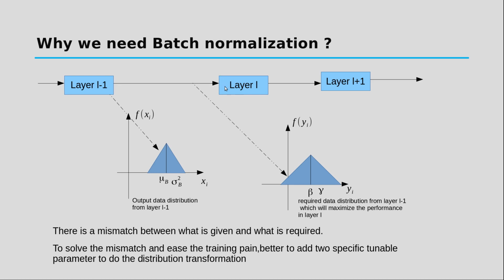Each system has a requirement for their input data distribution to maximize the output performance. So this is the output data distribution given by layer L-1. So this is the mismatch between the given and required.